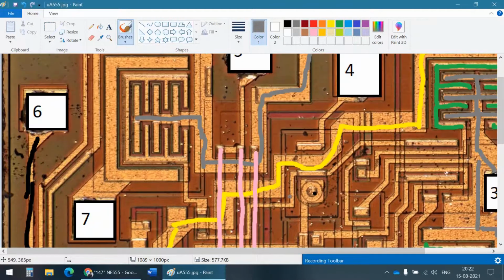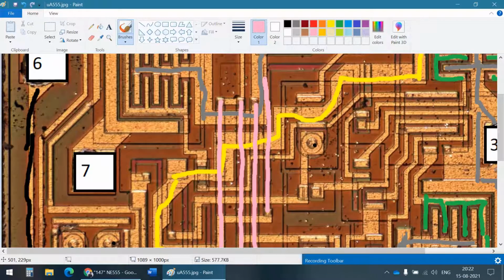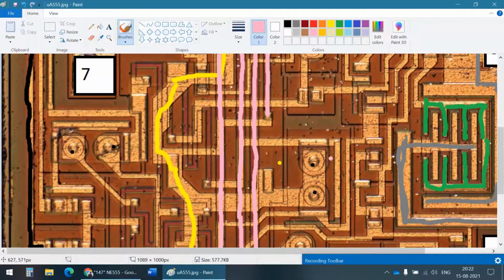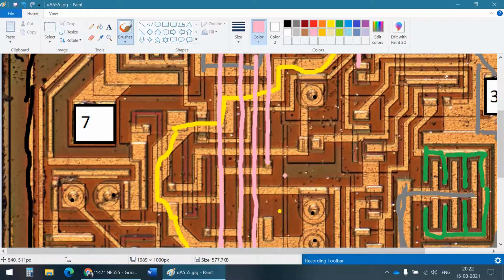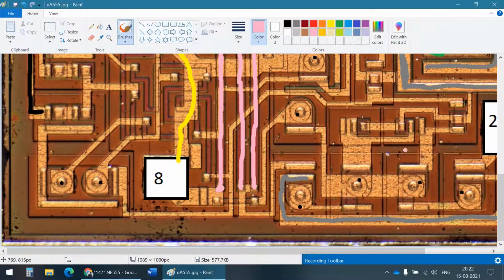But we can see a lot of resistors, so I'll show you one other resistor. Let's take pink again. Here, this is a resistor. Goes like this. Goes like that. Through that. It seems to be connected here. I don't know which resistor it is, but it is one resistor I've identified. So these are transistors. This is one transistor. This is another one. This is another one.